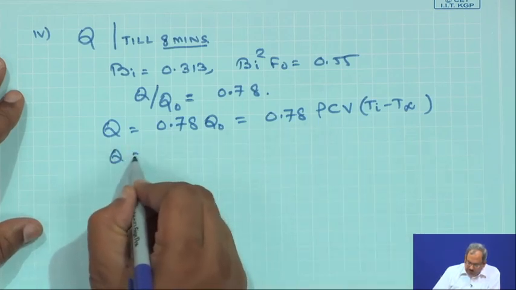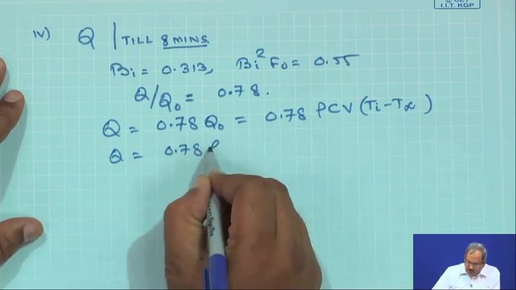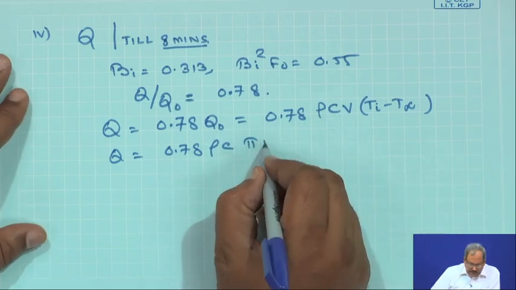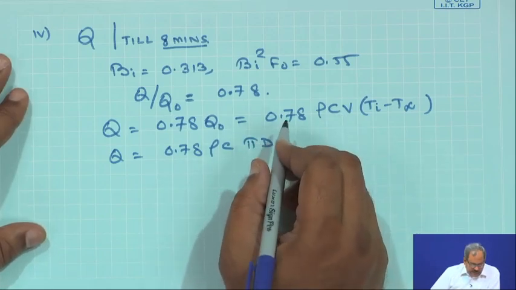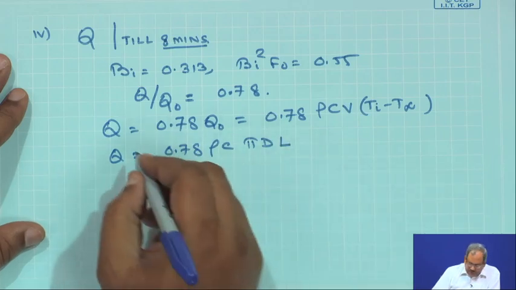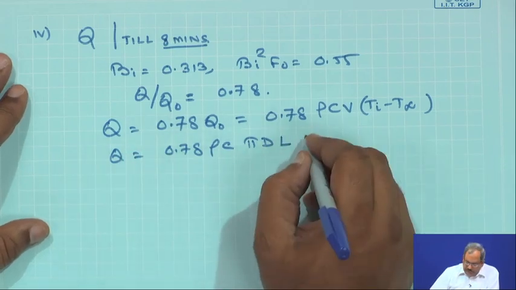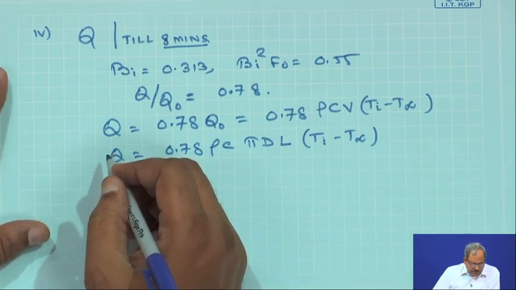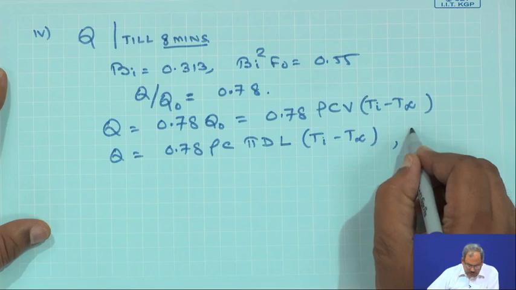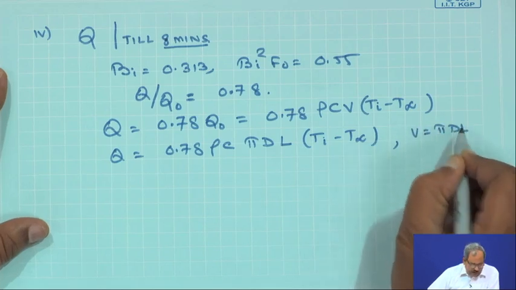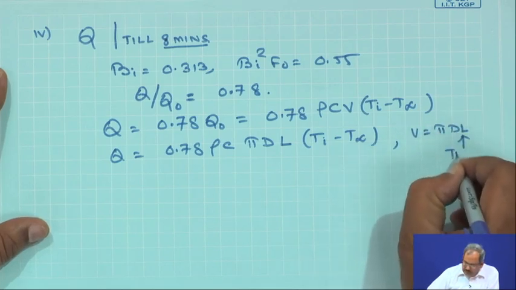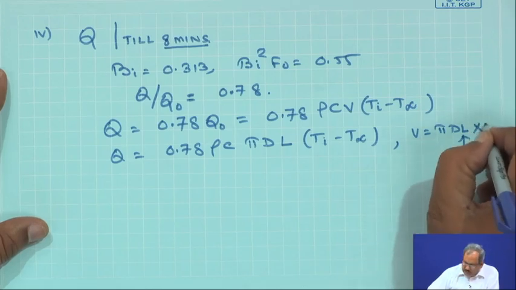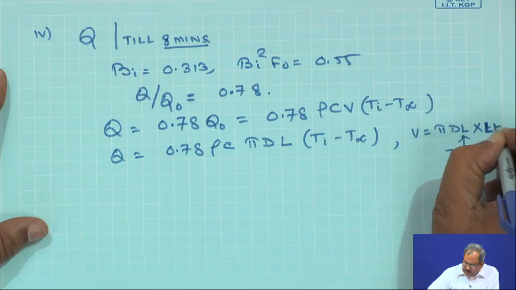So, this Q then is 0.78 rho C V (T I minus T infinity), and V is pi d times L, where L is the thickness of the pipe, times the length of the pipe.